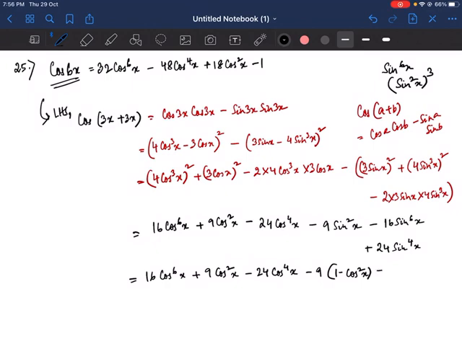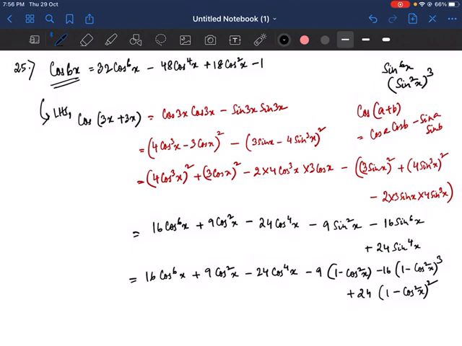So I can write this as minus 16 times (1 minus cos square x) whole cube, and here I can write plus 24 times (1 minus cos square x) whole square, because it's sin square x whole square, and sin square x can be written as 1 minus cos square x.